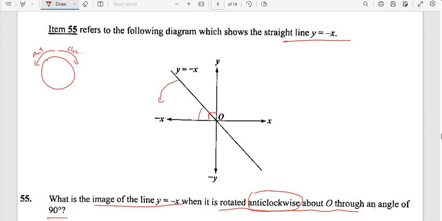So this is a 45-degree angle right here, and this is also 45 degrees, together adding up to 90. But we want to turn this by 90 degrees. So we're turning it 45 so far, and another 45, which is 90 degrees. So this line y equals negative x becomes this line here, and this line here is the line y equals x.